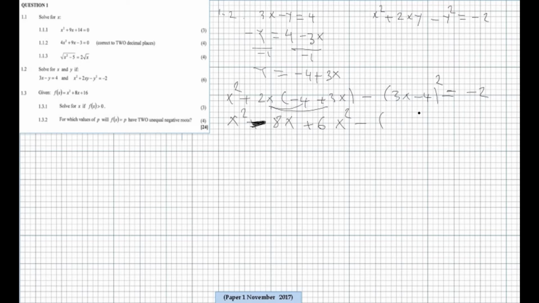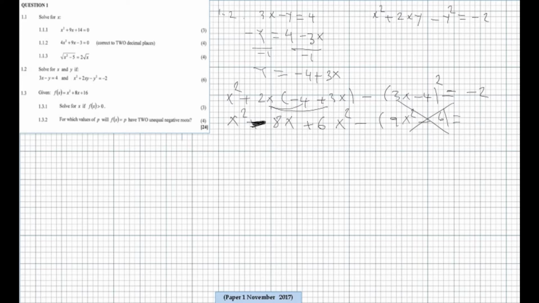What they do is say 3x to the power of 2 gives 9x squared, and then they say again 4 to the power of 2 gives 16, and then they continue. That is wrong. There has never been a rule that tells the student to do that.